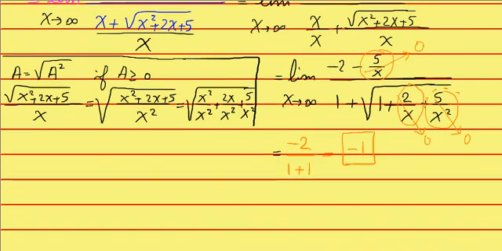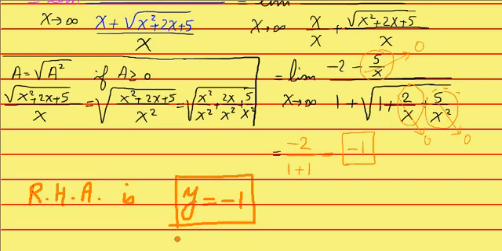So what's the final answer? A right horizontal asymptote is, how do we write the answer? We write y is equal to minus 1. What does that mean?